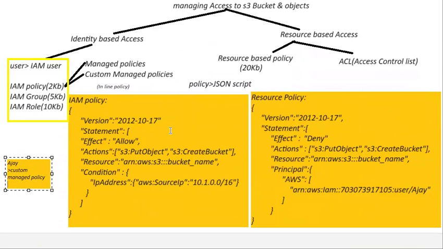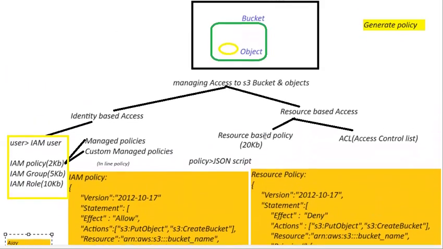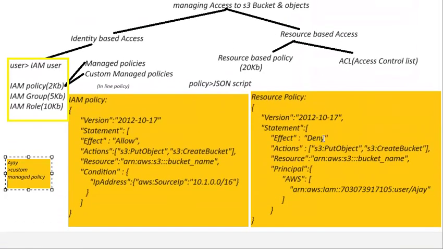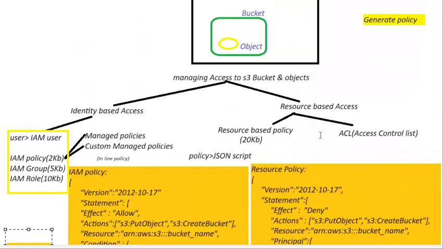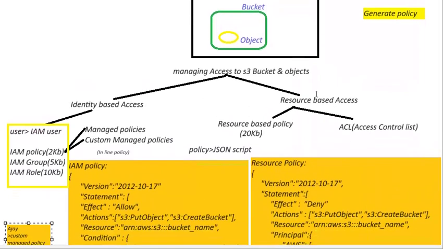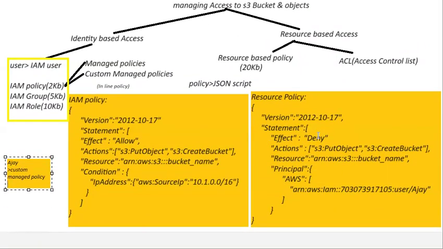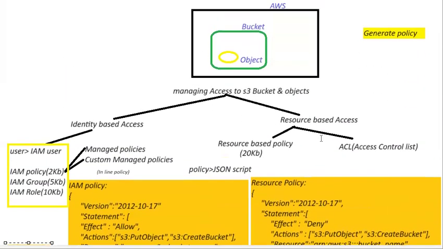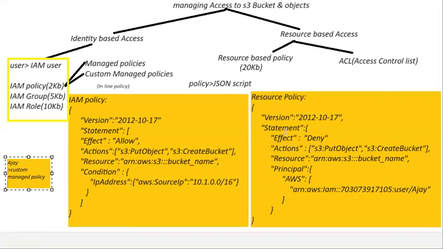AWS will follow deny at first. If there is any single deny, either in resource based policy or identity based access, then AWS will directly deny those services.